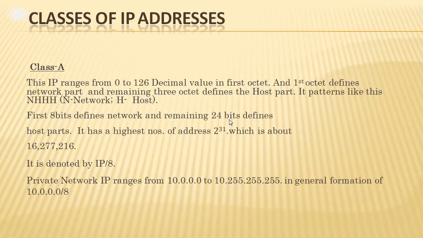Class A IP addresses are from 0 to 126 in decimal value in the first octet. The first octet defines the network part and the remaining 3 define the host part. So the pattern is N.H.H.H, where N is network and H is host. The first 8 bits define the network and the remaining 24 bits define the host part.